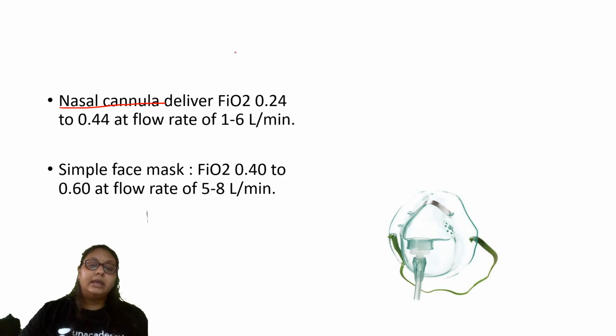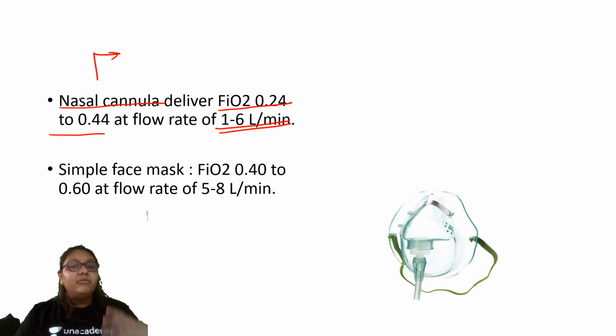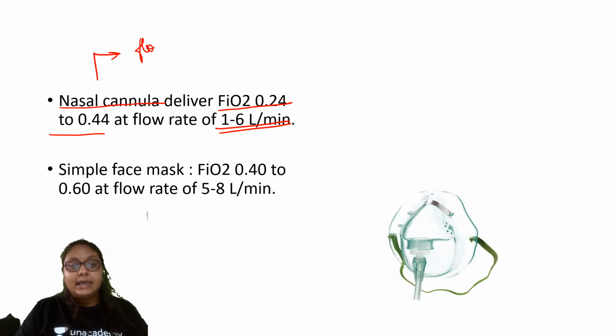Okay, nasal cannula delivers an FiO2 of around 0.24 to 0.4 at a flow rate of 1 to 6 liters per minute. See, with a nasal cannula we cannot give a very high flow rate. Why? What is the disadvantage of nasal cannula if the flow rate is very high?